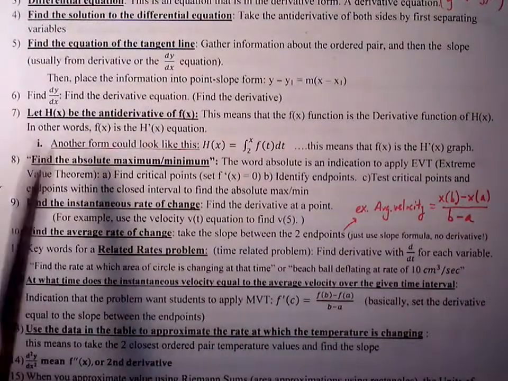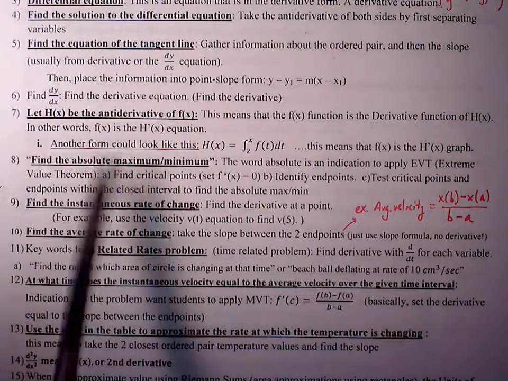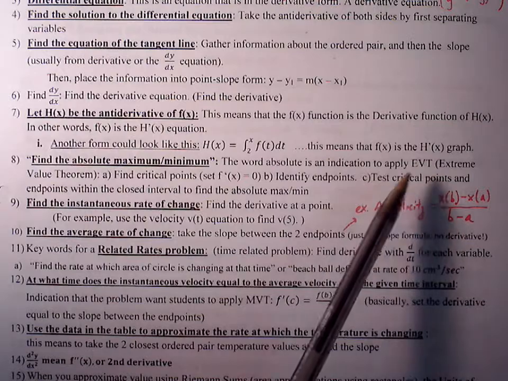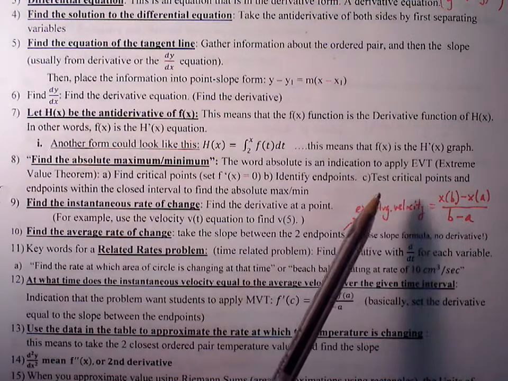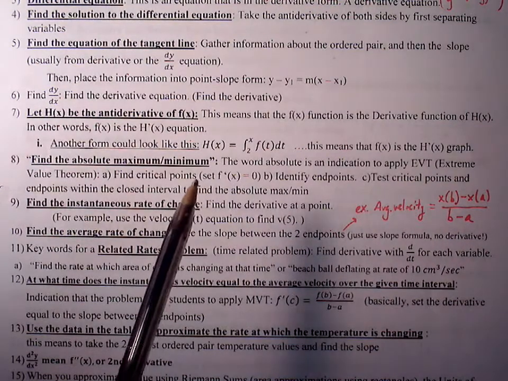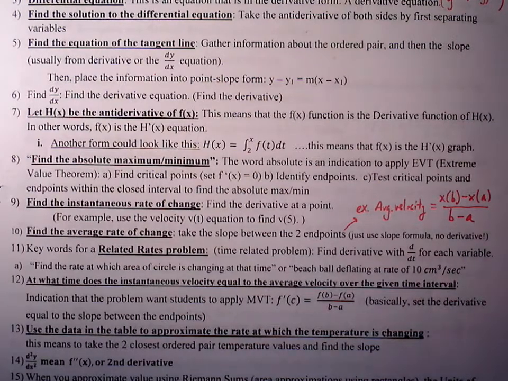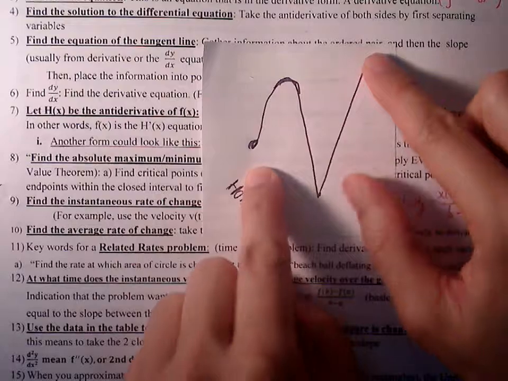Statement number 8, find the absolute maximum or minimum. The word absolute is an indication that we're going to be applying the extreme value theorem. So anytime we're looking at a graph, the only candidates we have to be concerned about if we're trying to find the absolute max or absolute min are endpoints and critical points.